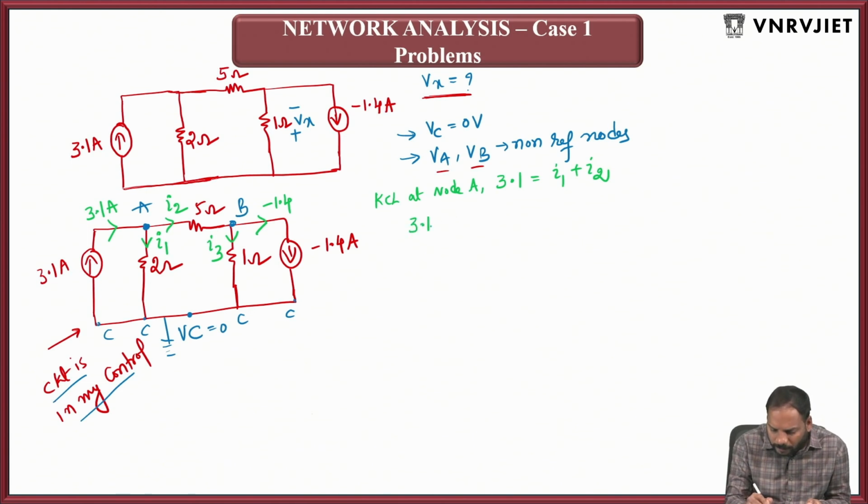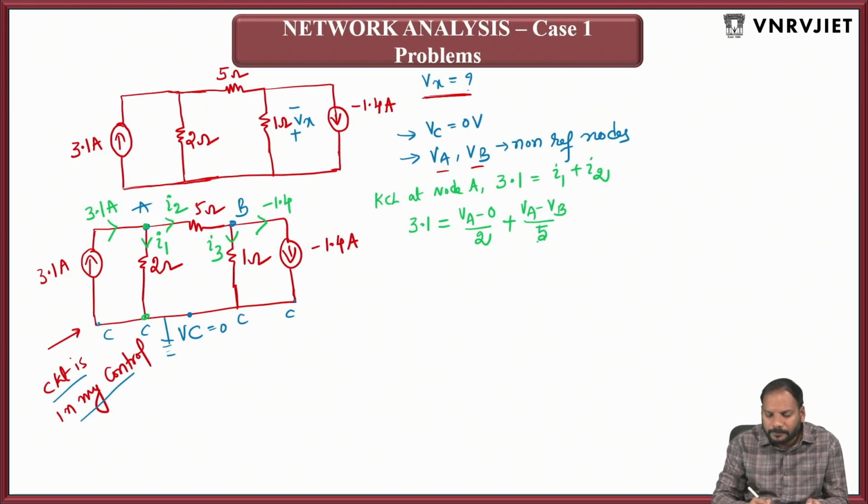So 3.1 is equal to I1. For I1, this potential is VA and this potential is 0, so you can write I1 as VA minus 0 divided by the resistor 2 ohms. Now plus the value of I2. So I2 is VA minus VB divided by 5.